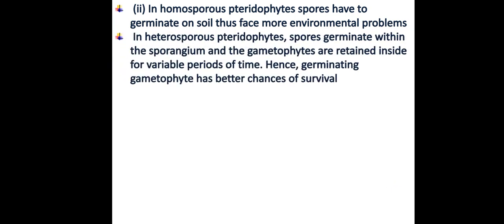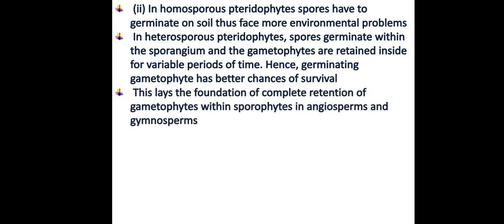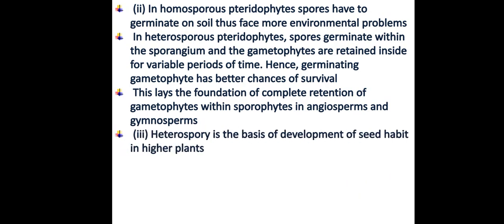In heterosporous pteridophytes, spores germinate within the sporangium and the gametophytes are retained inside for variable periods of time. Hence, germinating gametophytes have better chances of survival. This lays the foundation of complete retention of gametophytes within sporophytes in angiosperms and gymnosperms. Heterospory is the basis of development of the seed habit in higher plants.